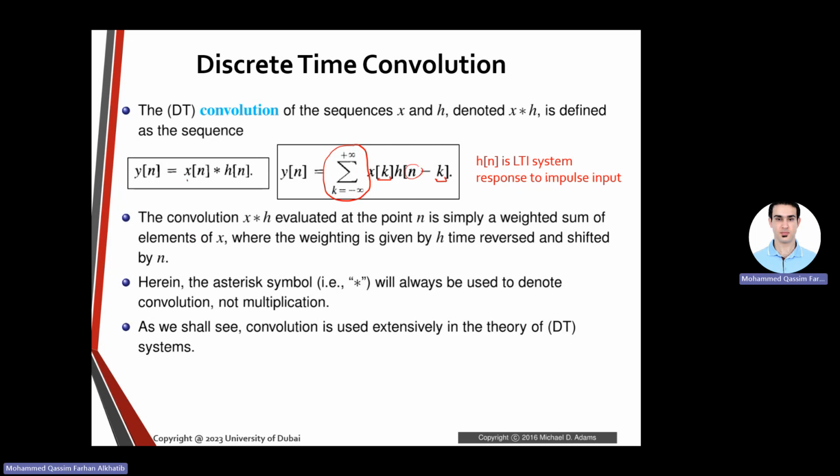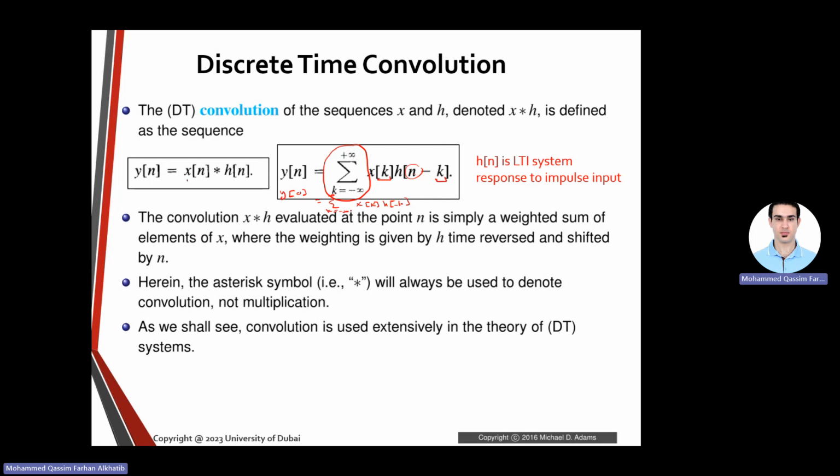So h of n is an LTI system's response to impulse input. The convolution of x with h, evaluated at any point n, is basically a weighted sum of elements of x where the weighting is given by h. For example, y of 0 is going to equal the summation from k equals negative infinity to infinity of x of k, h of negative k, because n equals 0.